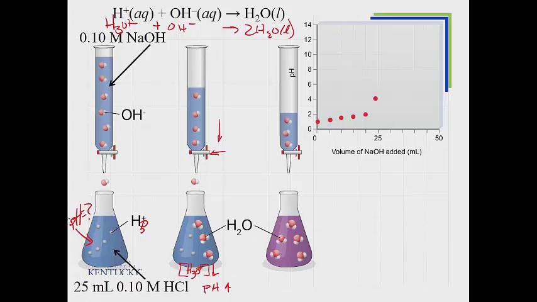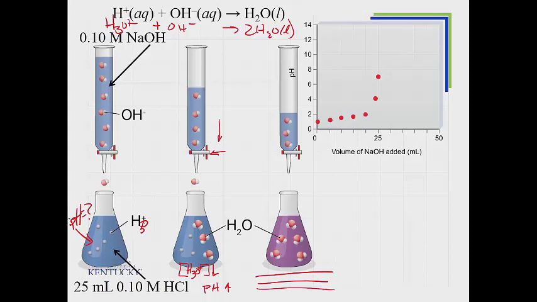I start getting close to the point where I have added just enough sodium hydroxide to neutralize all the acid, and then when I hit the next dot right here, that's the point at which I have neutralized it all. That is what's happening right here, okay? So that dot and what's in my flask right now are matching.